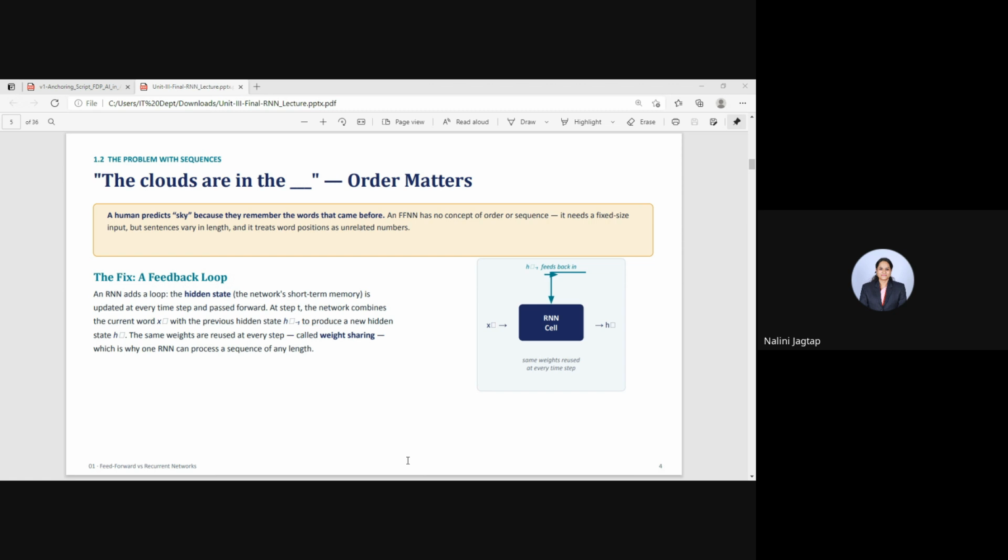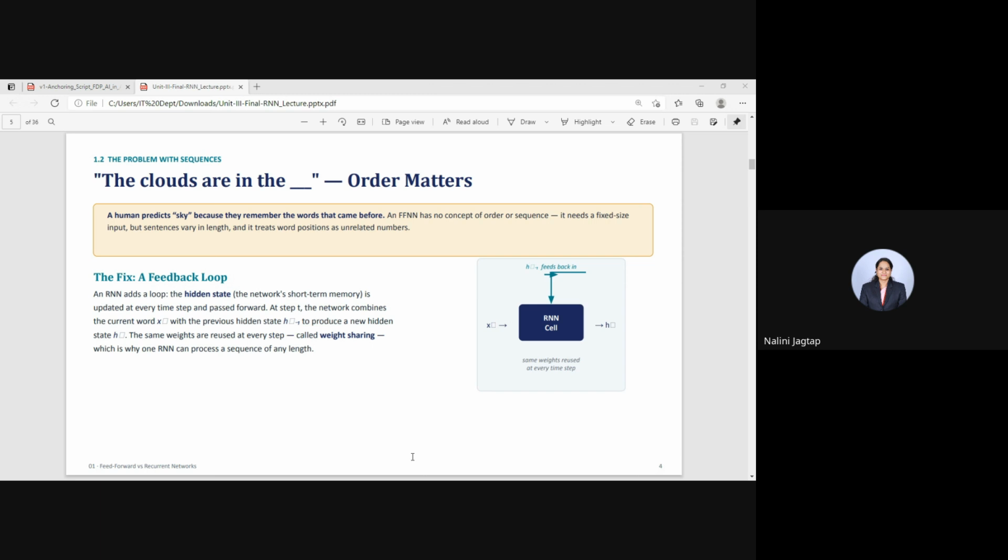Now, consider trying to do this with a feed forward neural network. You would have to feed in "the clouds are in the" as one input. But the network has no built-in concept of a sequence or order dependency. It would need the entire sentence stuffed into a fixed-size input vector, and it would treat that vector no differently than any unrelated set of numbers, with no explicit understanding that word three came after word two, right?